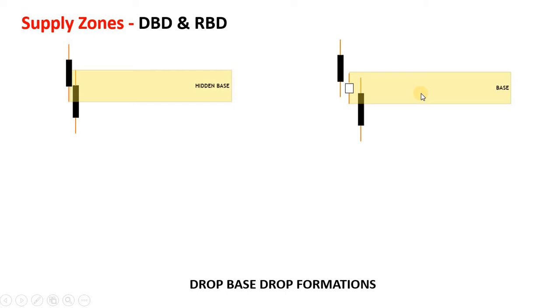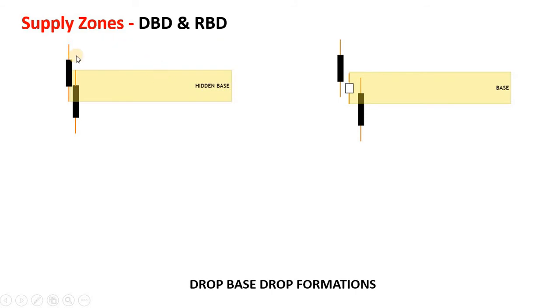The main focus of this section is just to show us that we have what we call a hidden base. The base in this case is not visible. And why is this so?